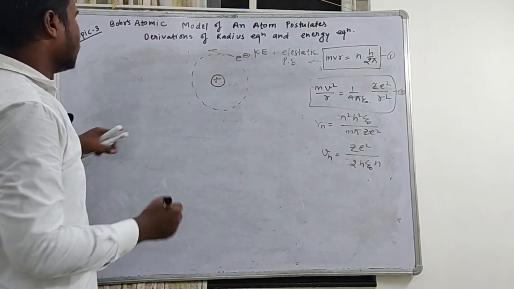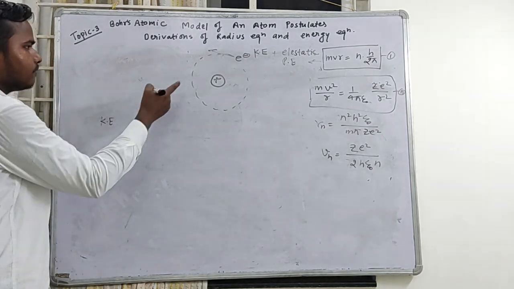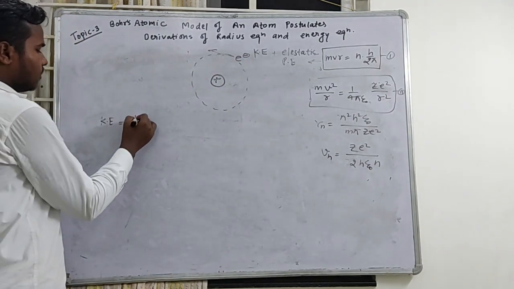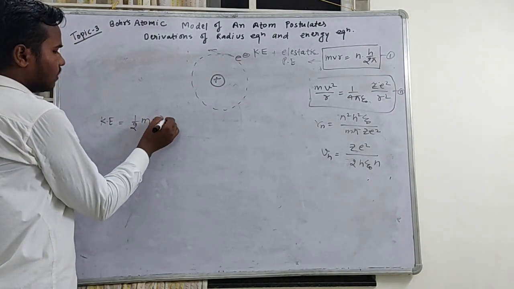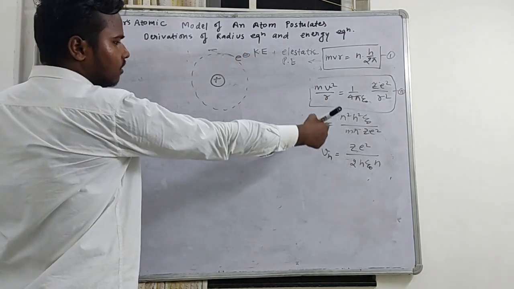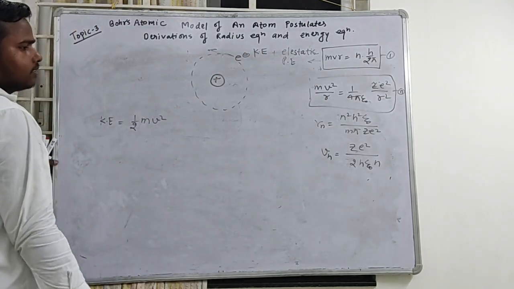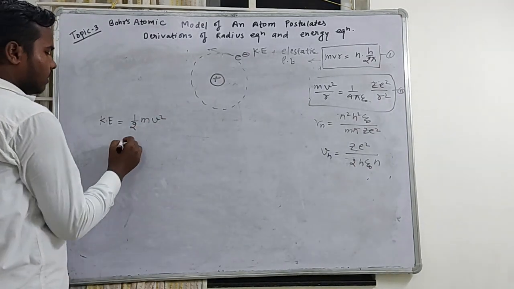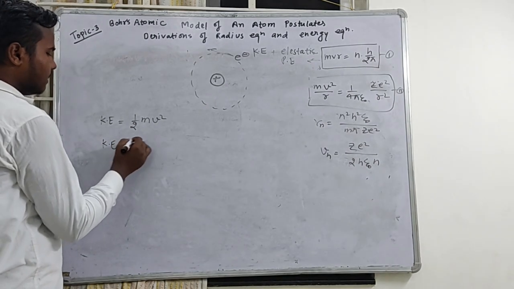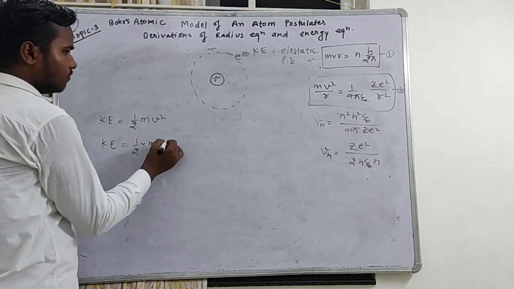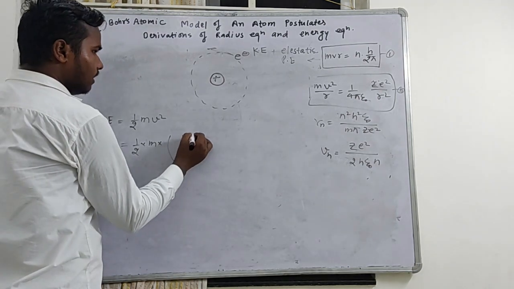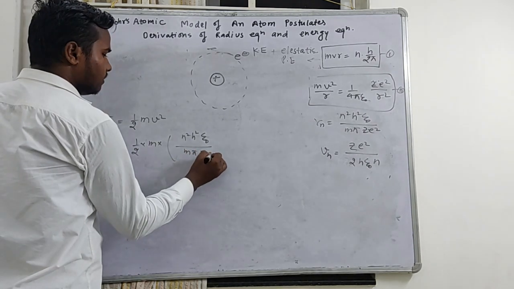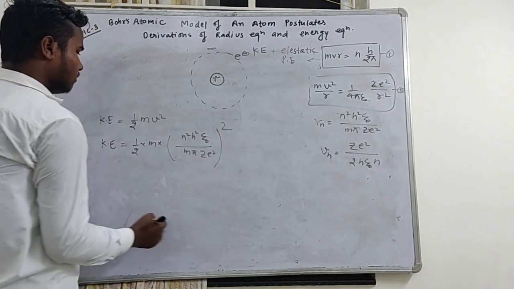So first we will find the kinetic energy of the electron for the nth orbit. So K is equal to half m v square. We will put the velocity of the nth orbit electron in this equation and get KE, the kinetic energy.